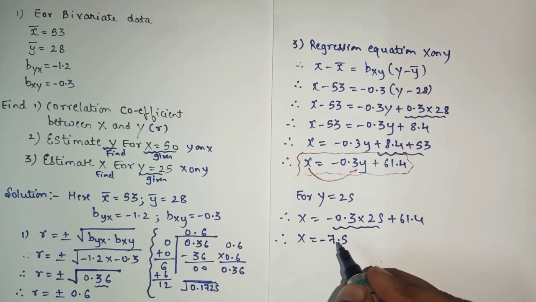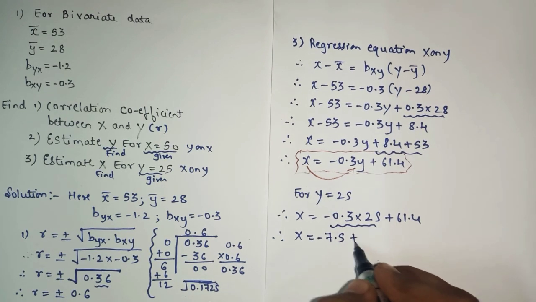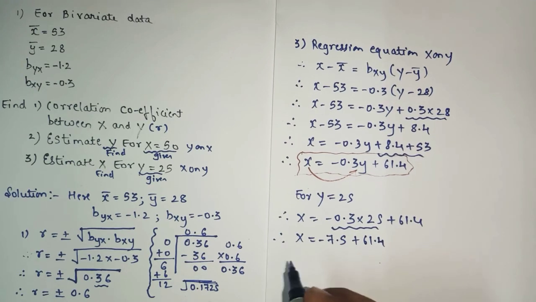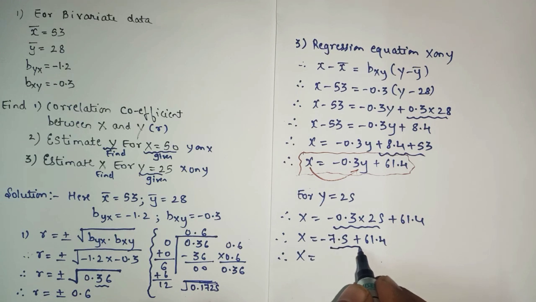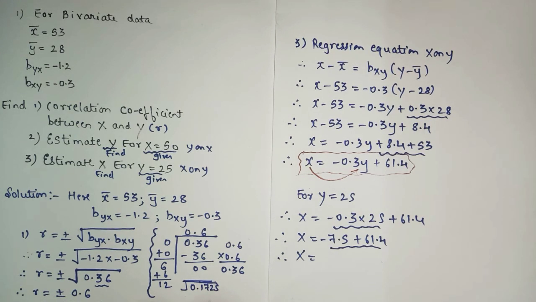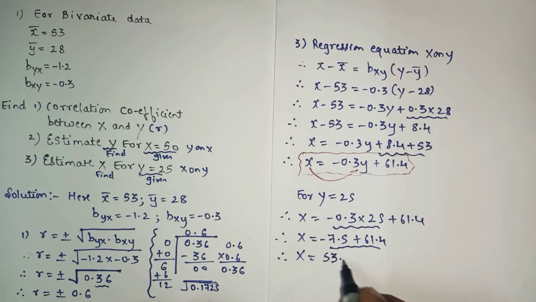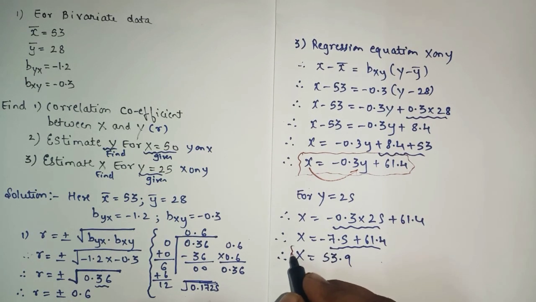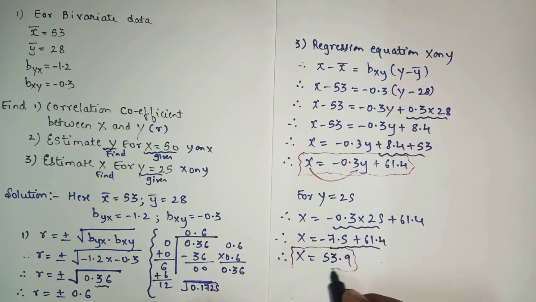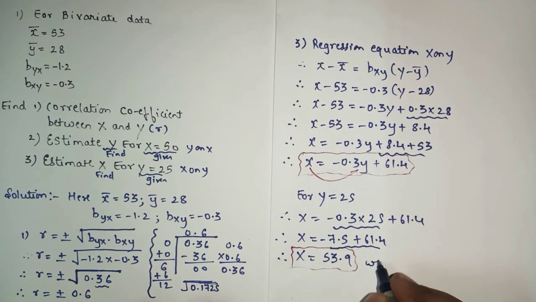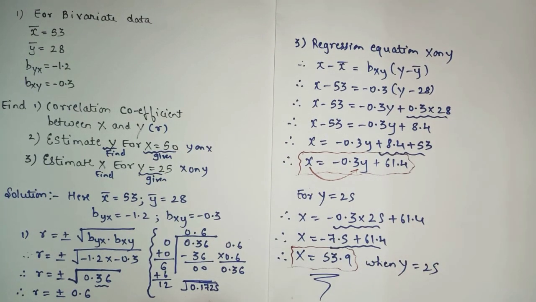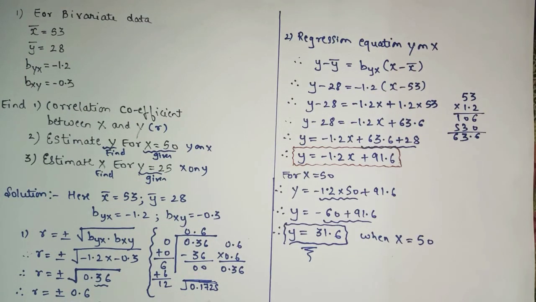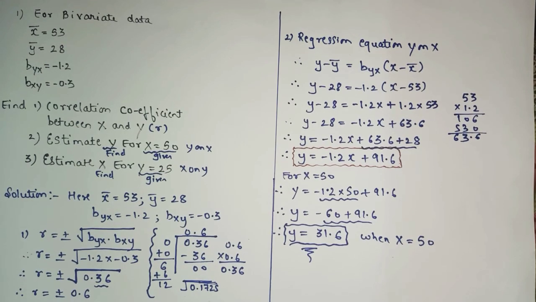Here it is minus, so you will write minus 7.5 plus 61.4. So therefore the next step will be x equals plus 61.4 minus 7.5, so the answer will be 3.9. So we got the value of x when y was 25. Understood?